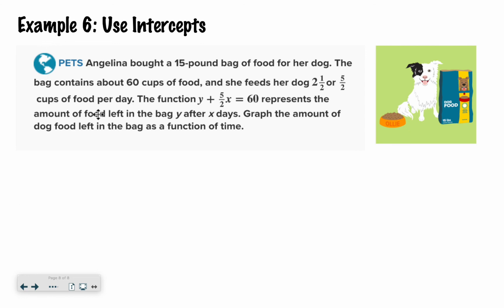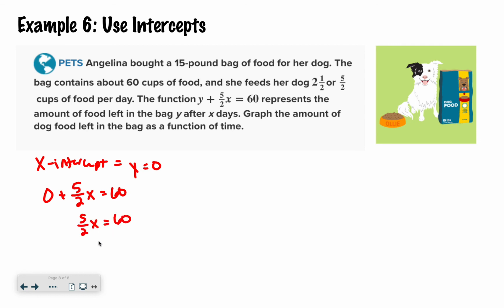Okay, so again, if we're trying to find an x-intercept, that means we set y equal to 0. So I'd have 0 + (5/2)x = 60. 0 plus anything is just itself, right? So I have (5/2)x = 60.